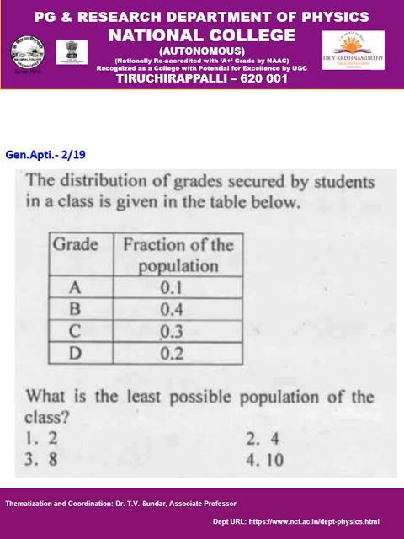This second question is based on the concept of fractions as well as percentages. So percent means for every 100. You go through the question.